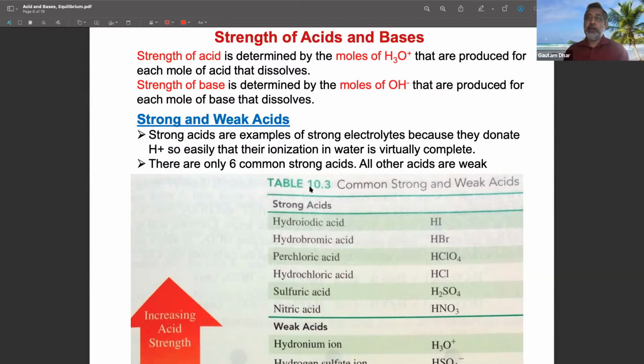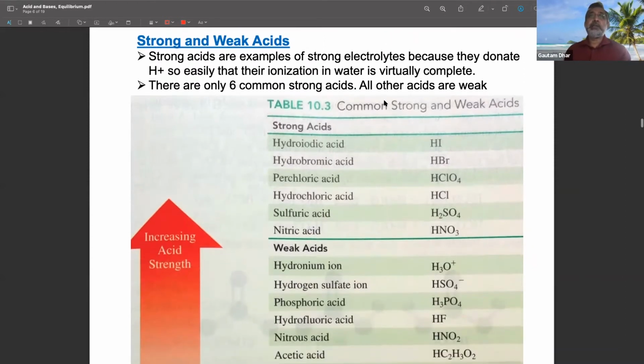Only 5% or even less, 1% of the acid is probably going to dissociate to give H+. So we look at the strength not as the amount of acid you are dissolving, but as the moles of H3O+ produced. Similarly, for the base, the strength of a base is determined by the moles of OH-.